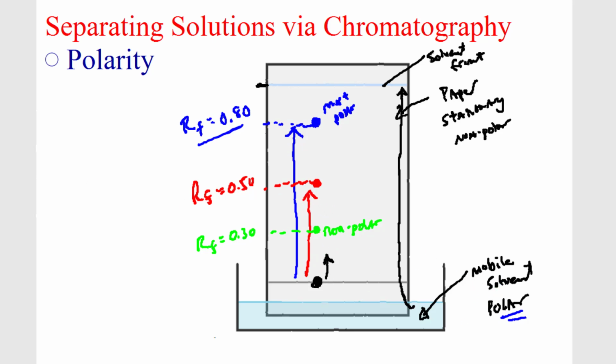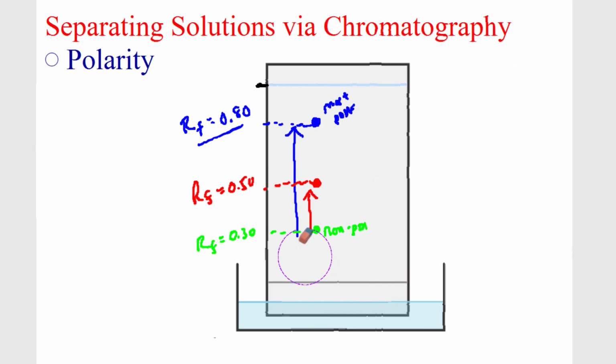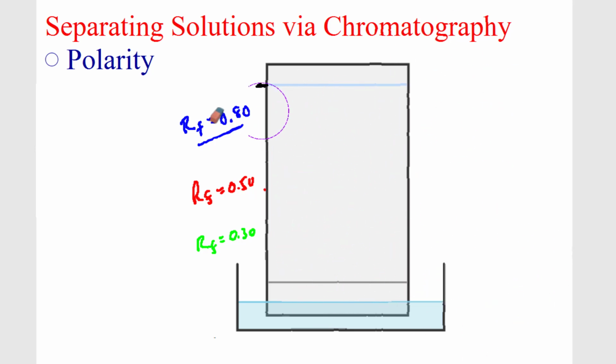If we know our percentages, then guess what? If we put our solvent back in and put our little black dot again right here, and let's say our solvent front only goes this far, guess what? This is still going to separate.